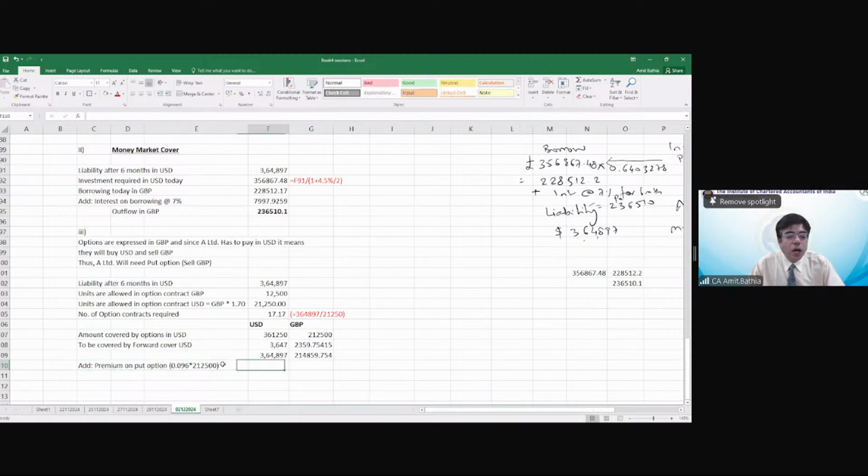Okay. So how much is that going to be? On 212,500, you are paying this in dollar terms. So 0.096 into 212,500. So I get 20,400, which is the USD being paid as premium.